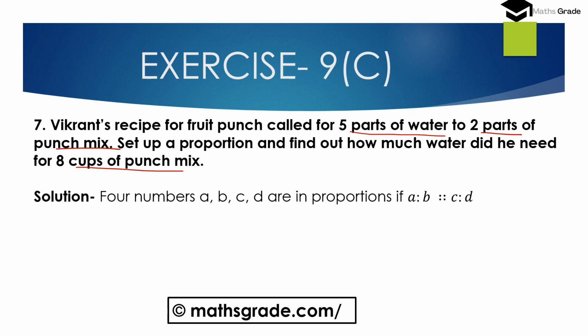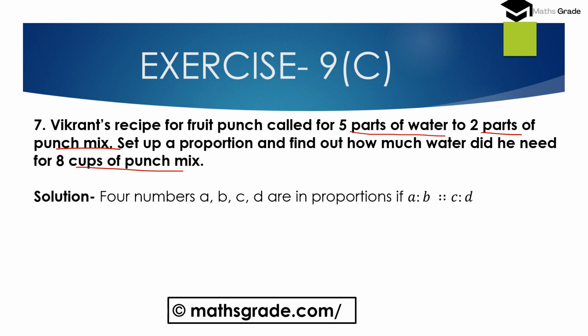The ratio of water to punch mix is 5 parts of water is to 2 parts of punch mix, which is equal to, suppose the quantity of water is x, x is to 8 cups of punch mix.